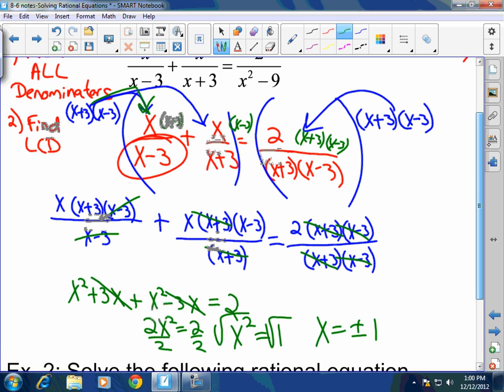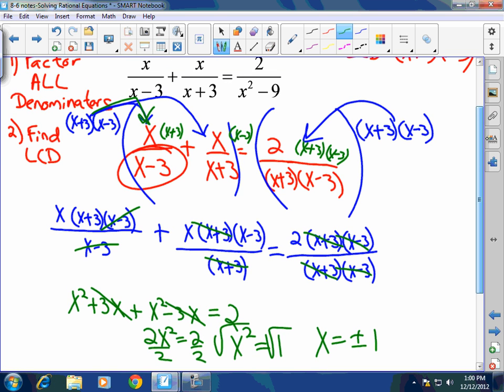Now you do have to test this, guys. When x is 1, let's see. I'm going to have 1 over 1 minus, so that's negative 1/2. Plus 1/4. And then 2/8. Yeah, that's going to work. Because I'm going to have here, yeah, this is what's going to happen here.